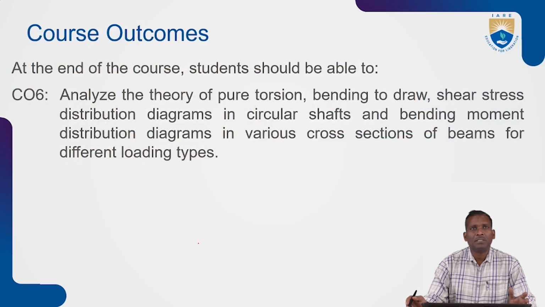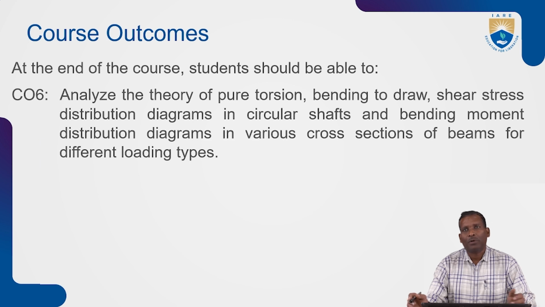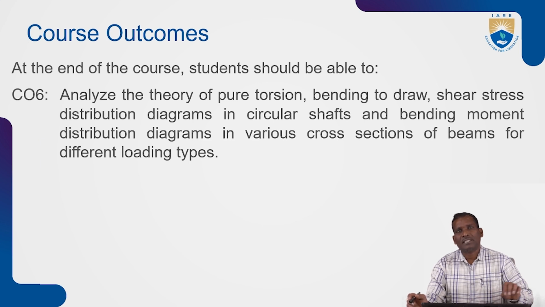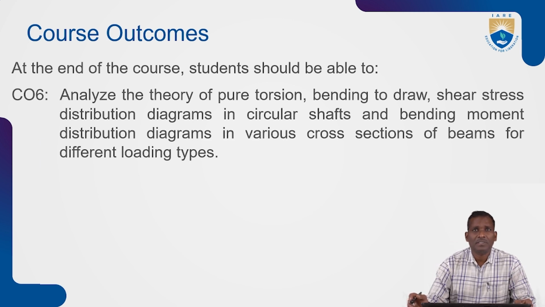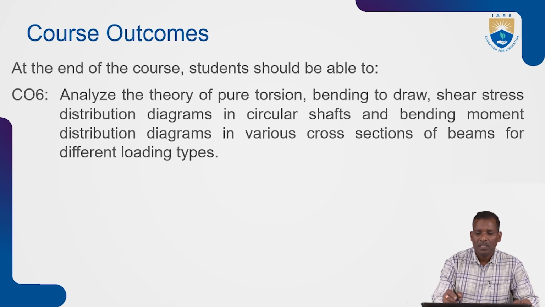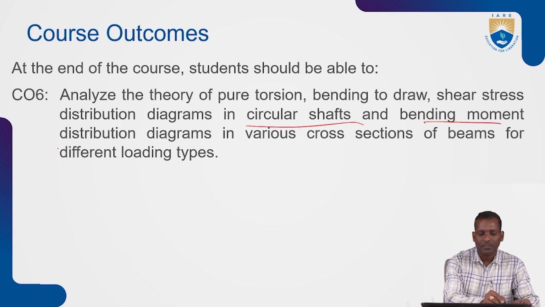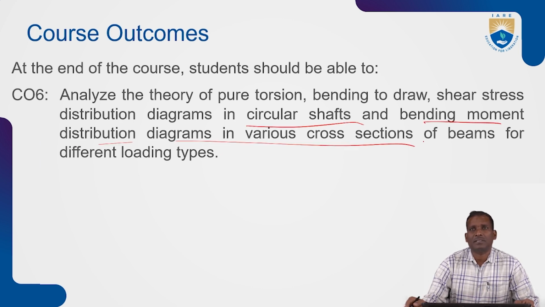The outcome of this topic is that the student should be able to analyze the theory of pure torsion and bending, to draw shear stress distribution diagrams in circular shafts, and bending moment distribution diagrams in various cross sections of beams for different loading types.